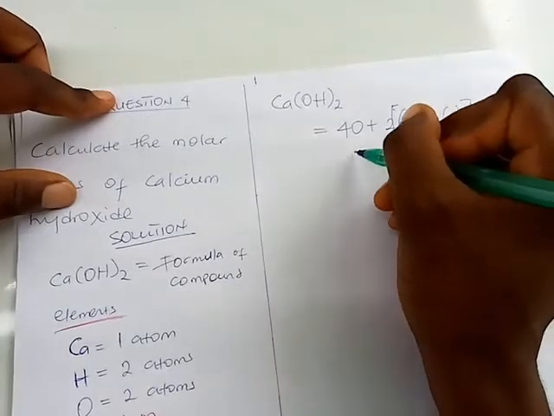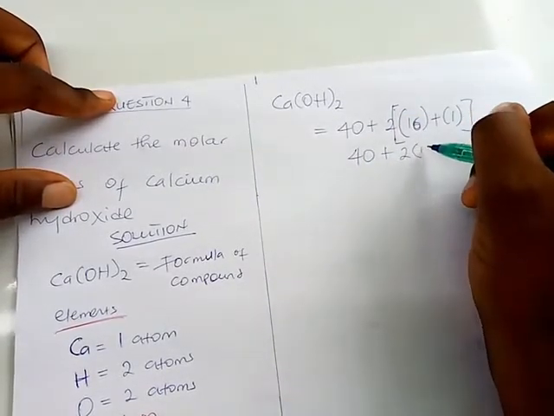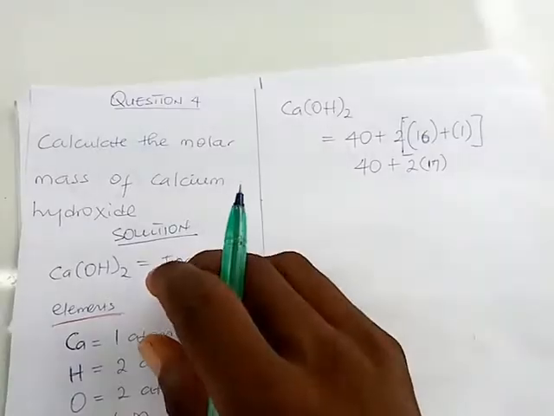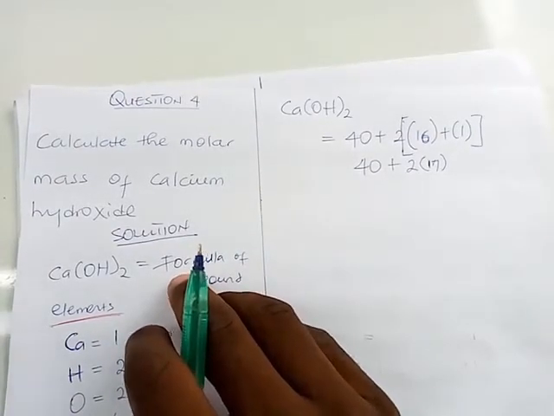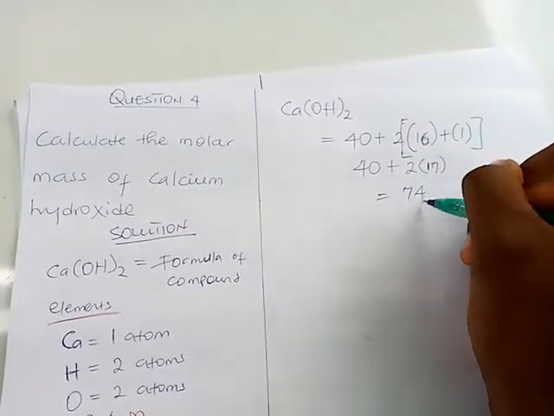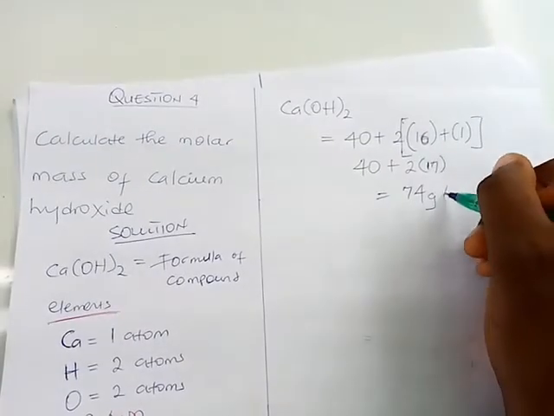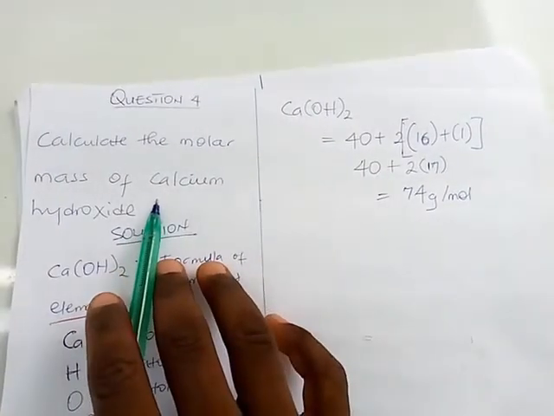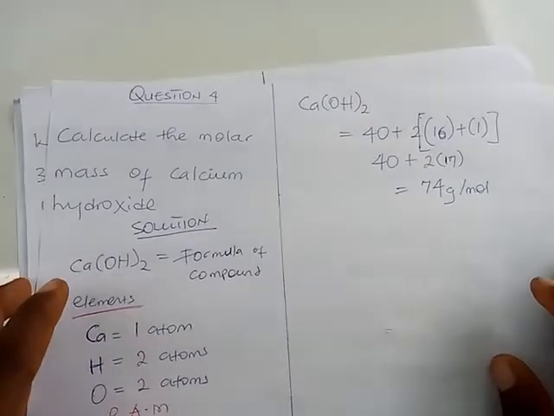So that's going to be 40 plus 2 times 17. So 2 times 17 will give us 34 plus 40, that's 74. Hence, we're asked to obtain the molar mass, so this is going to be gram per mole. It means that 1 mole of this substance contains 74 grams. That it weighs 74 grams, 1 mole of it.